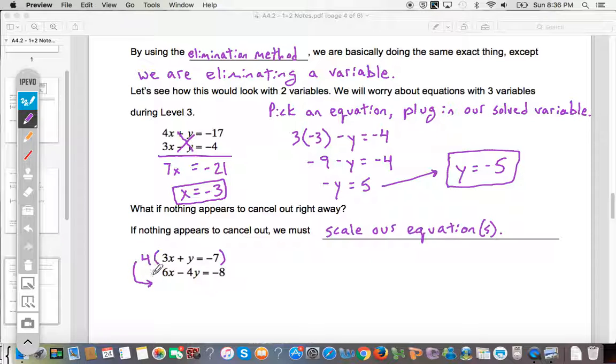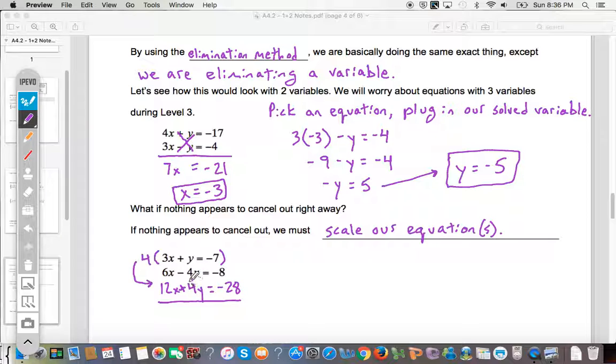I'll bring it right down here. So 4 times 3x is 12x. 4 times y is a positive 4y. And 4 times negative 7 is negative 28. There we go.